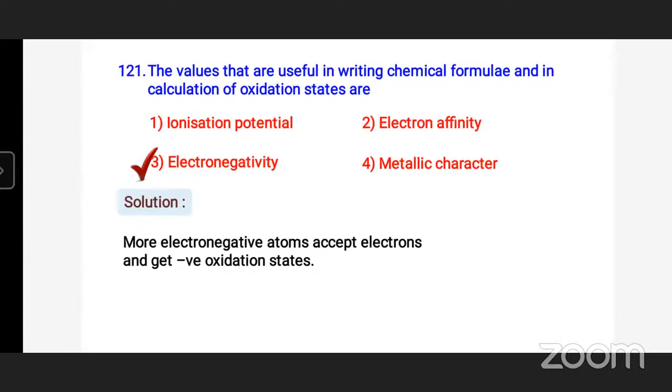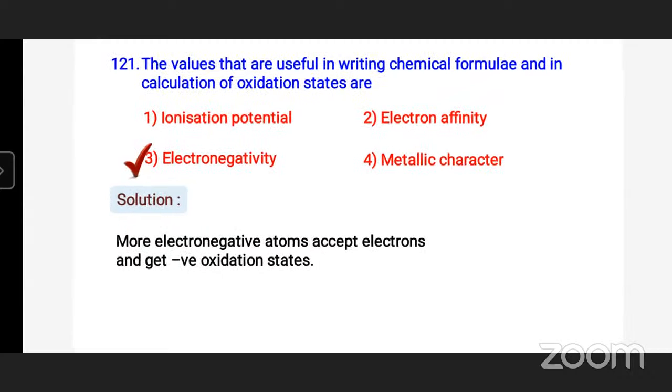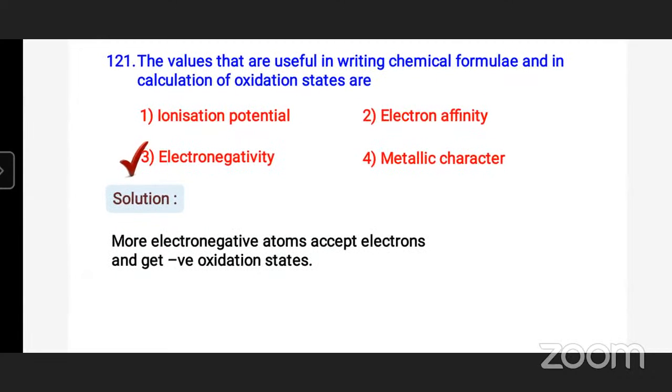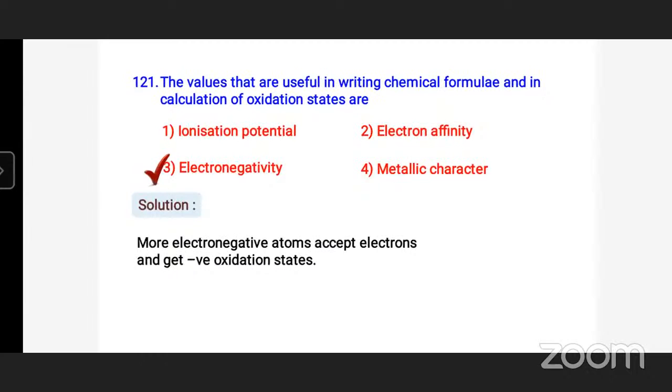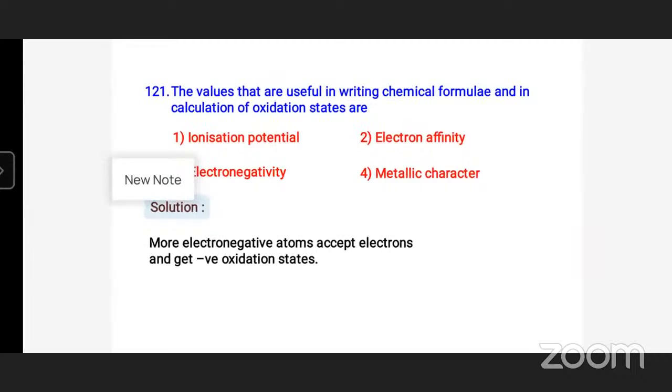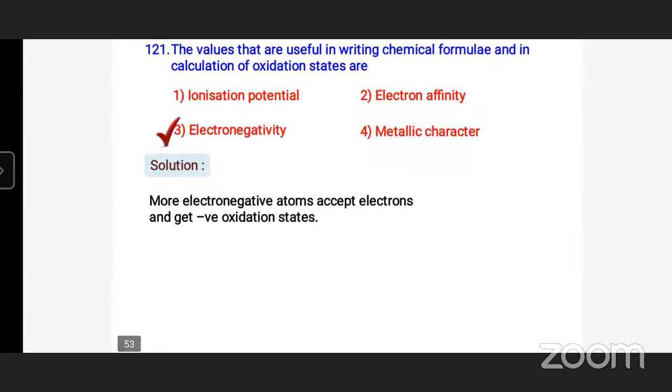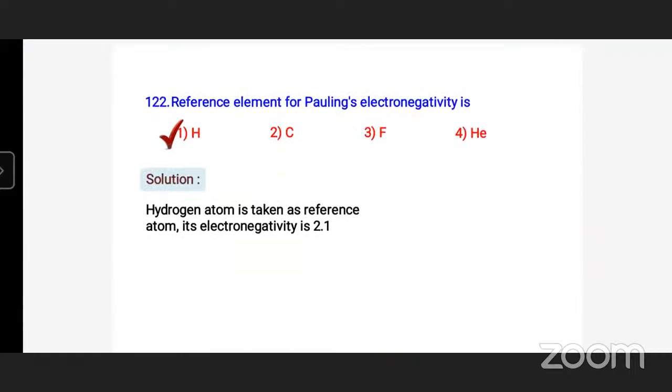More electronegative atoms accept electrons and get a negative oxidation state. So the value useful in writing the chemical formula and calculating oxidation state is electronegativity, because more electronegative atoms accept electrons to get negative oxidation states. Third option is the right option, electronegativity.